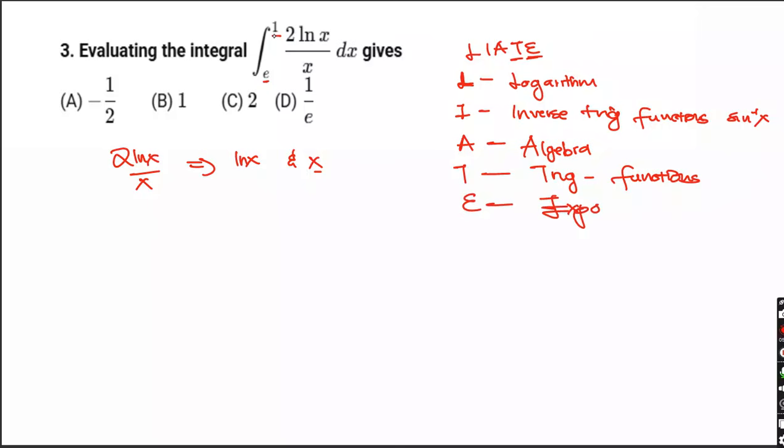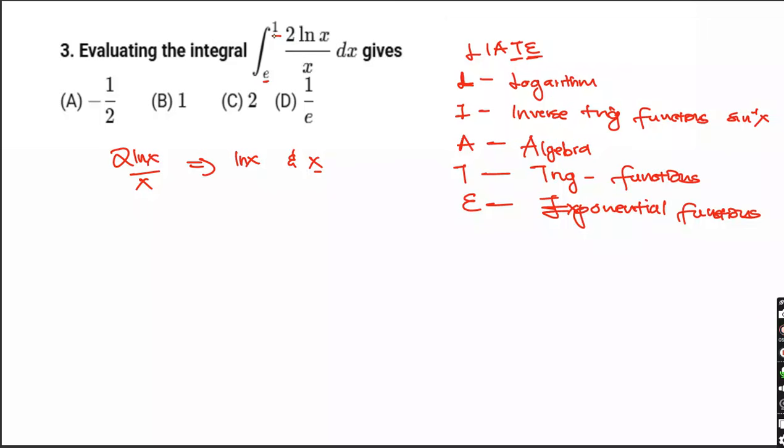You need to understand this, and I'm sure it is going to make a lot of sense as we solve more questions, because for now it may look so confusing.